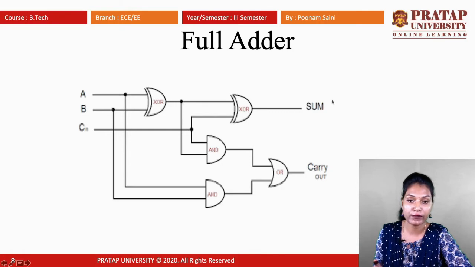Now this will become sum. Now the first XOR output and C go to an AND gate, and A and B go to an AND gate. Then the outputs of these AND gates go through the OR gate. So this will become the carry output.